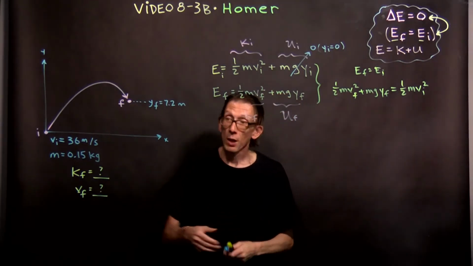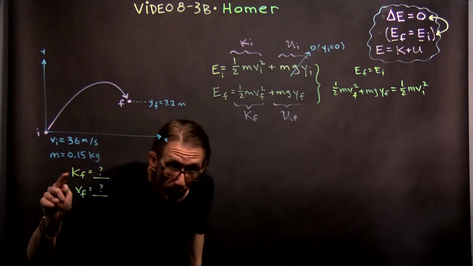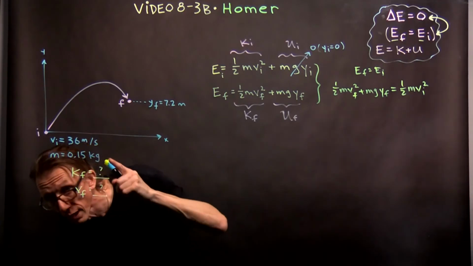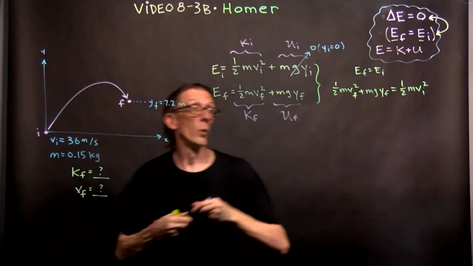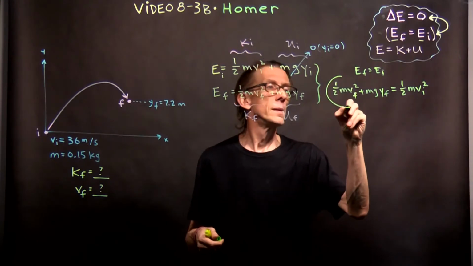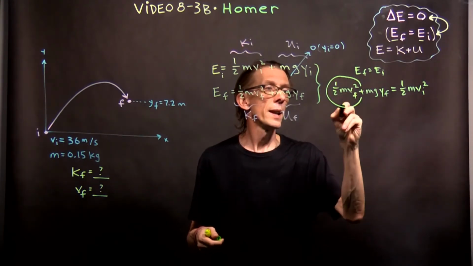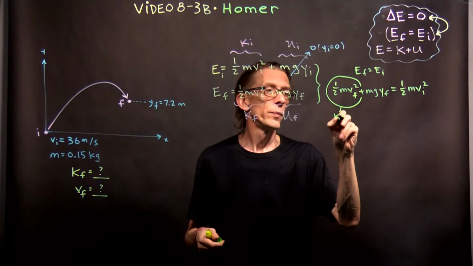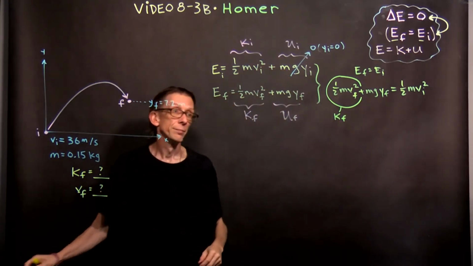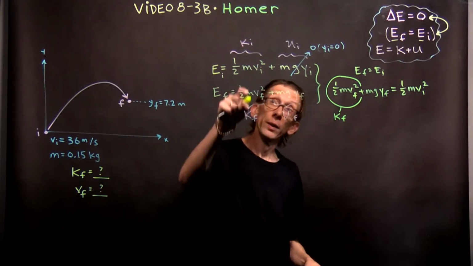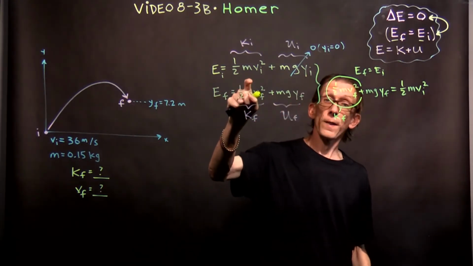Okay, now notice the first thing we're asked for here is the final kinetic energy, which is this whole thing right here. That is K sub F, so we have to solve for that. That first term there is the final kinetic energy.